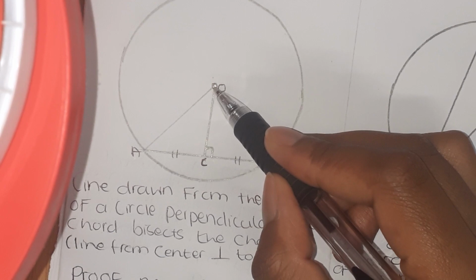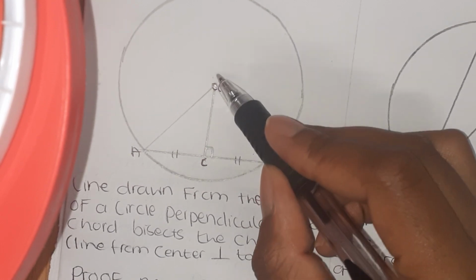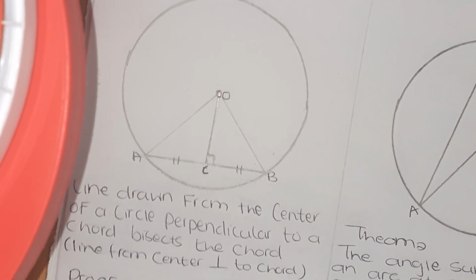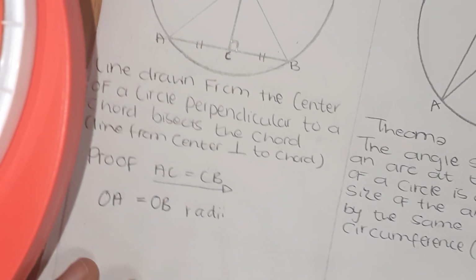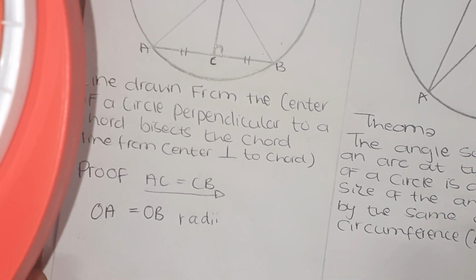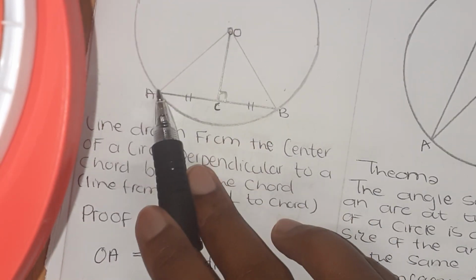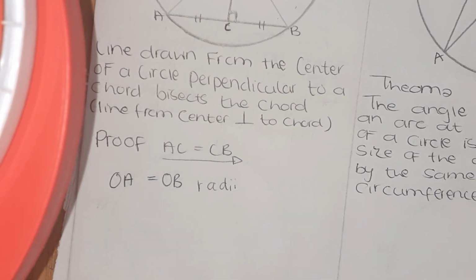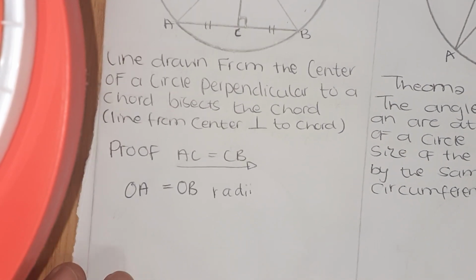Any line from the center to the circumference, no matter where you are drawing it, it's the same. A radius is the same length wherever, as long as it's drawn from the center.